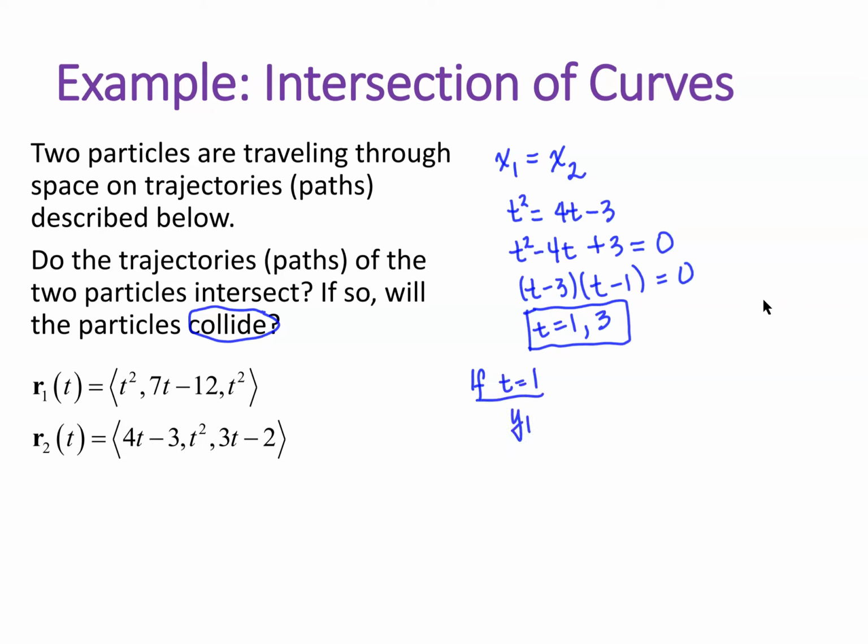Then y1, the y component function from our R1, would be 7 times 1 minus 12, which is negative 5. And the y component function from our second vector valued function is simply t squared, so that's going to be 1 squared, which equals 1. We can clearly see that negative 5 does not equal 1. So I know right away the particles do not collide.